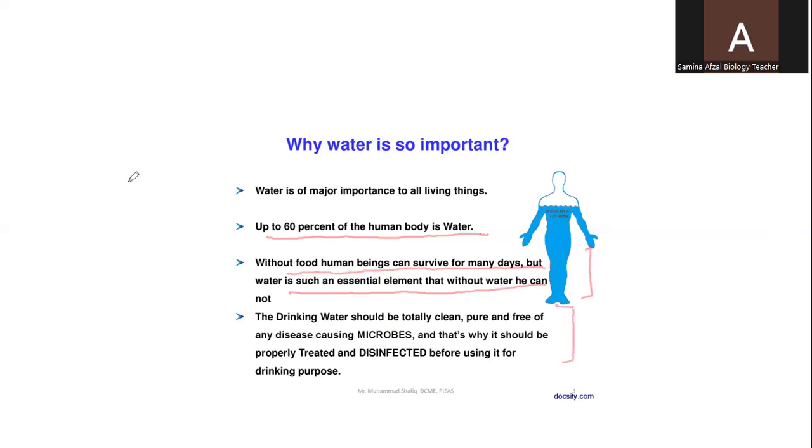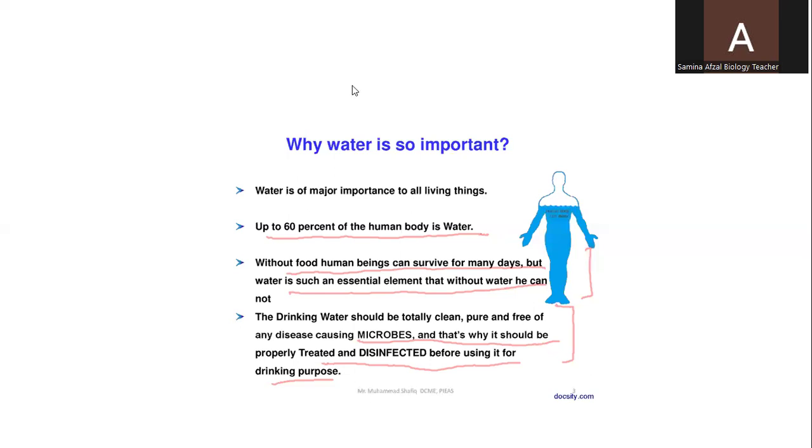We should depend on pure, healthy water. It should not be contaminated with microorganisms or many other types of contaminants. So the water which we use for drinking should be disinfected before using. So water has a great importance for us.